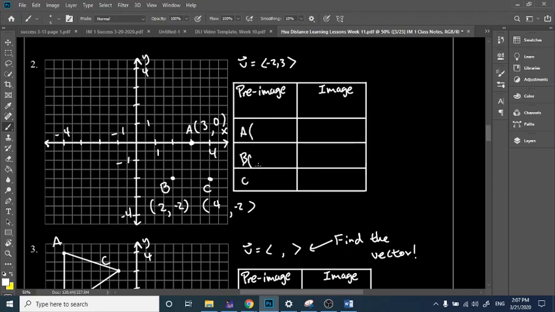So we got these. And now we're looking for A prime, B prime, C prime. So you're going to have x minus 2, and you're going to have y plus 3.